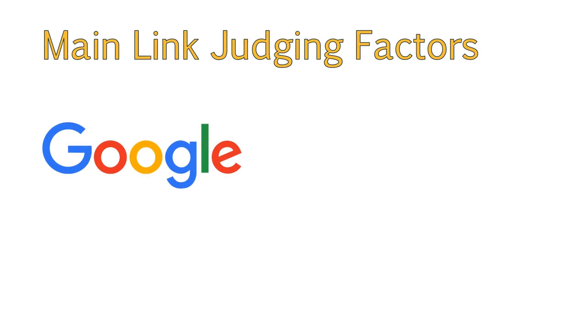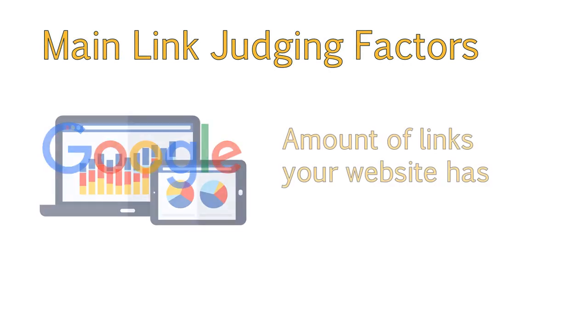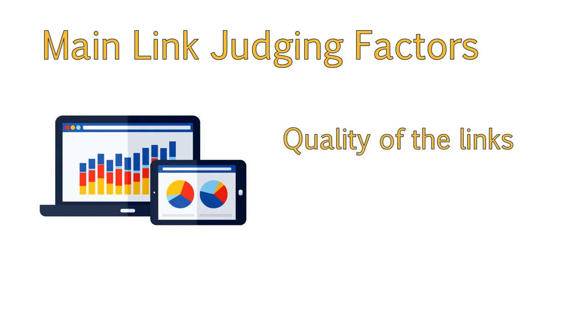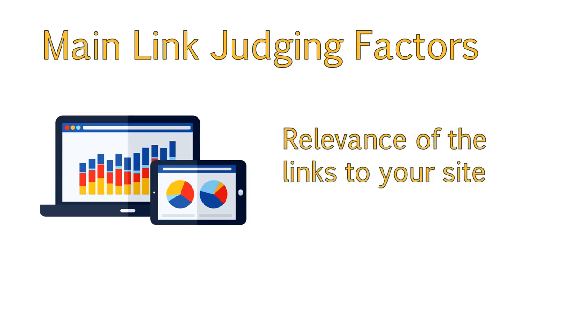Some of these factors include the amount of links your website has, the quality of those links, meaning are your links from other sites which are considered authoritative, or are the majority of your links from new or potentially spammy sites with low authority? The relevance of the link, meaning how relevant is the site linking to your site?